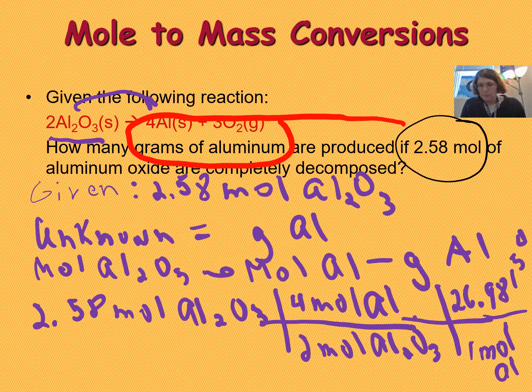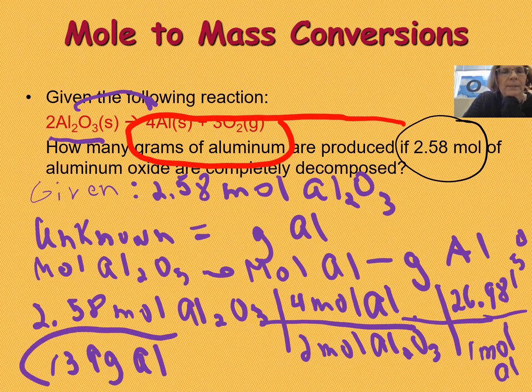So we're going to do 2.58 times 4 times 26.98154 divided by 2. So we end up with 139.22. We round it to 3 significant figures. That's 139 grams of aluminum. So that's our answer.